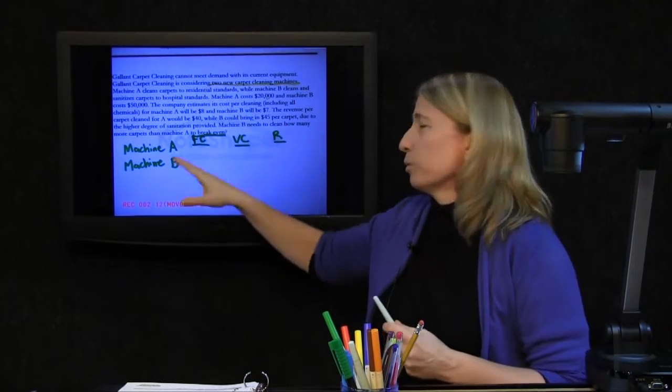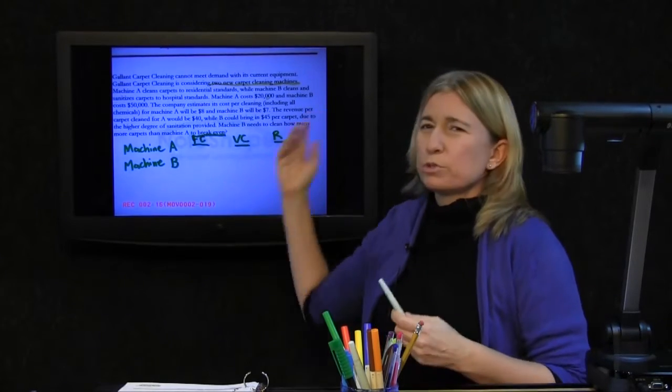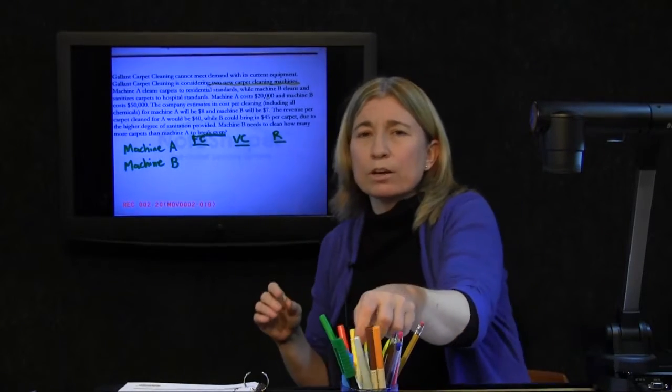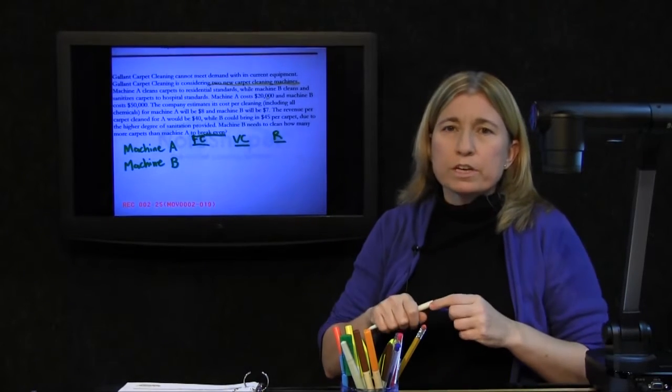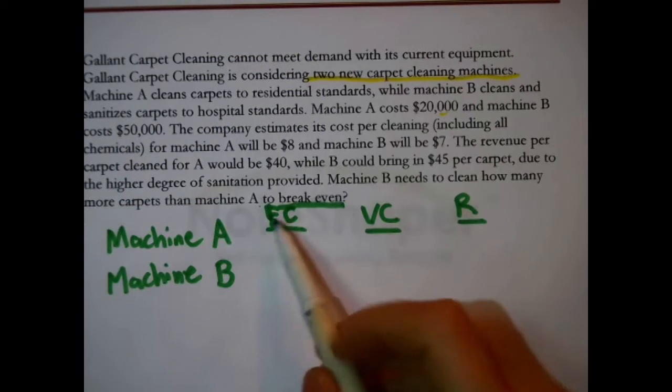Now, I'm not going to do any calculations yet. I'm simply going to arrange what I was already told kind of as a story in a table so that later I don't make a mistake in referencing which number goes where. All right, machine A, fixed costs.